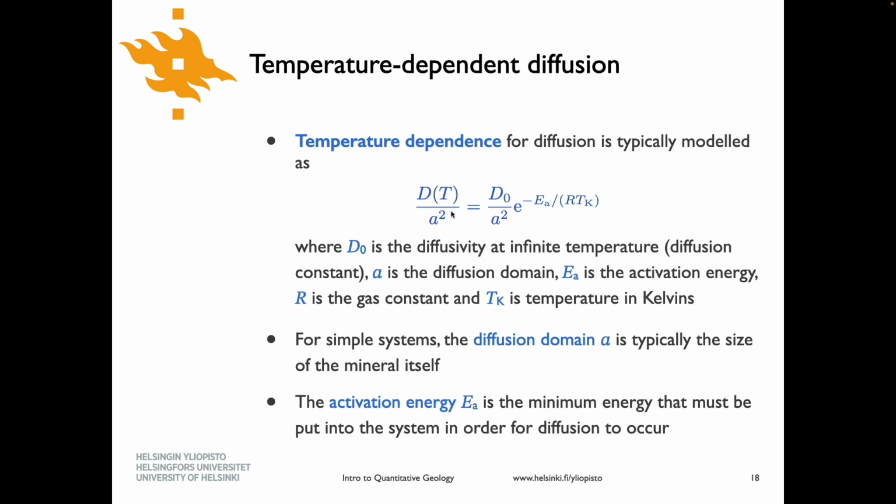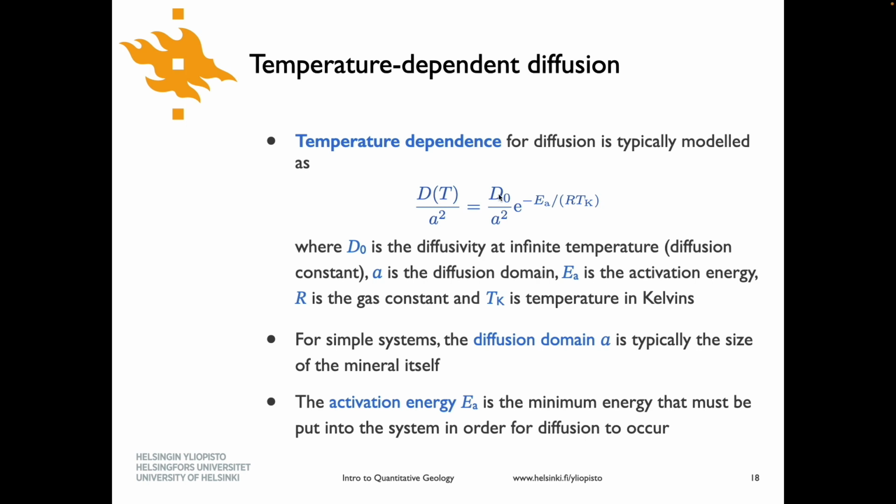The temperature-dependent diffusion part can be modeled here basically as an exponential function. So you have whatever your temperature-dependent diffusion divided by some length scale. So this is the diffusion domain. Typically, it's the size of the crystal that you're dealing with, squared, and that's equal to then the diffusivity at infinite temperature.